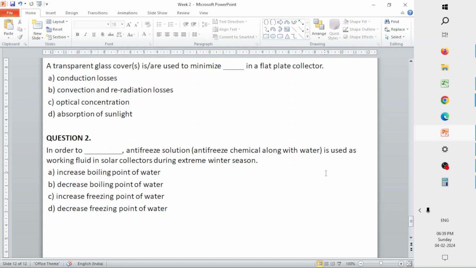So during that extreme winter condition, we are supposed to add an anti-freezing solution. Usually the anti-freezing solution that we use is ethylene glycol. When you mix ethylene glycol with water, it helps make sure that your water does not freeze. So I hope you can answer the question now. The ethylene glycol will not allow the water to freeze even during extreme winter conditions.